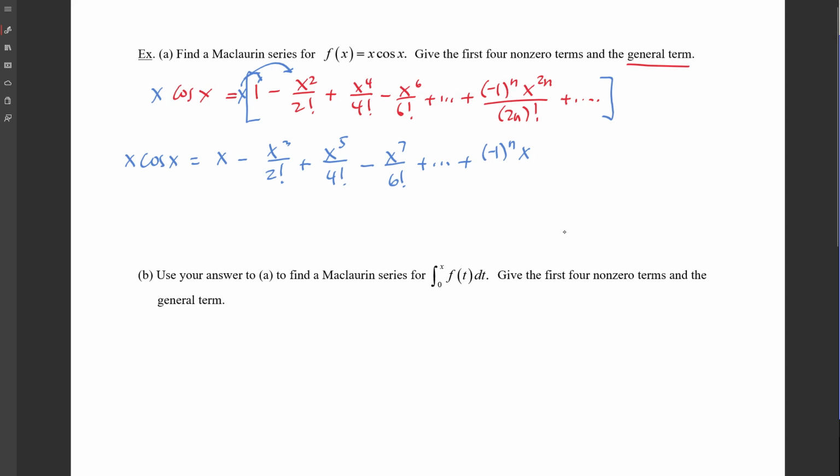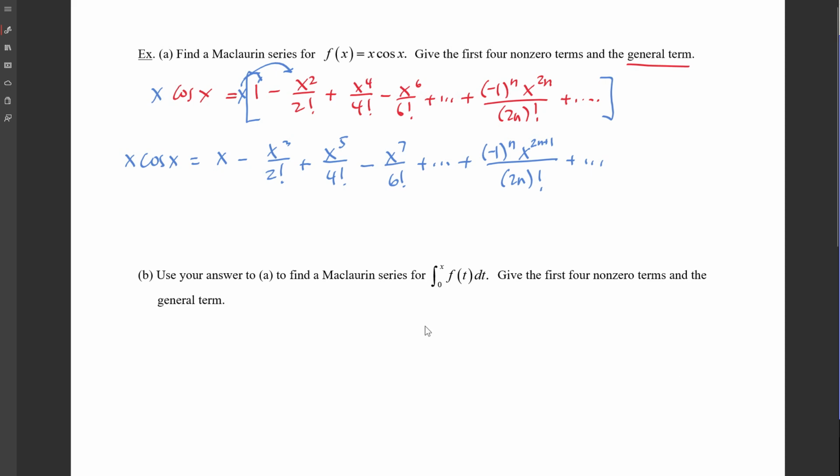So this will become x raised to the 2n plus 1 over, the denominator never changed throughout each term, so this denominator will stay 2n factorial, plus dot dot dot. And that is my answer for x cosine x. And I can do it the long way if I just want to be a masochist and check myself.